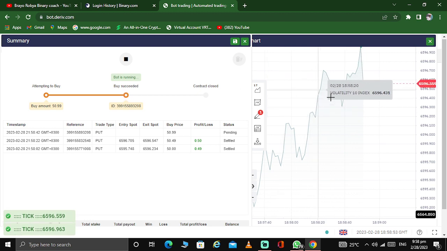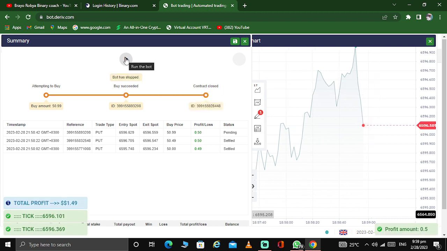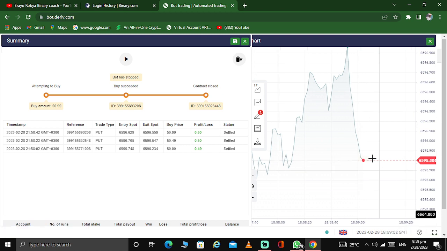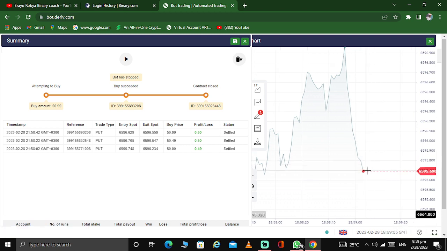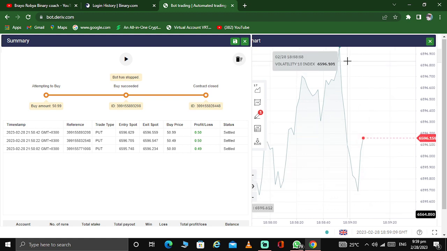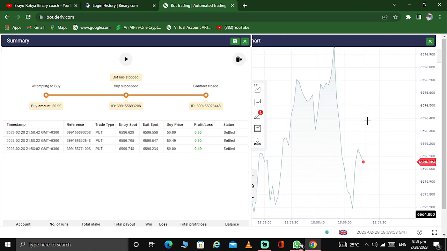Right now we are on an uptrend. When you notice the graph moving downwards like this, you need to stop the bot. When it is heading downwards with a spike like this, you need to stop the bot and wait until this previous point here is beaten, because we were on an uptrend.